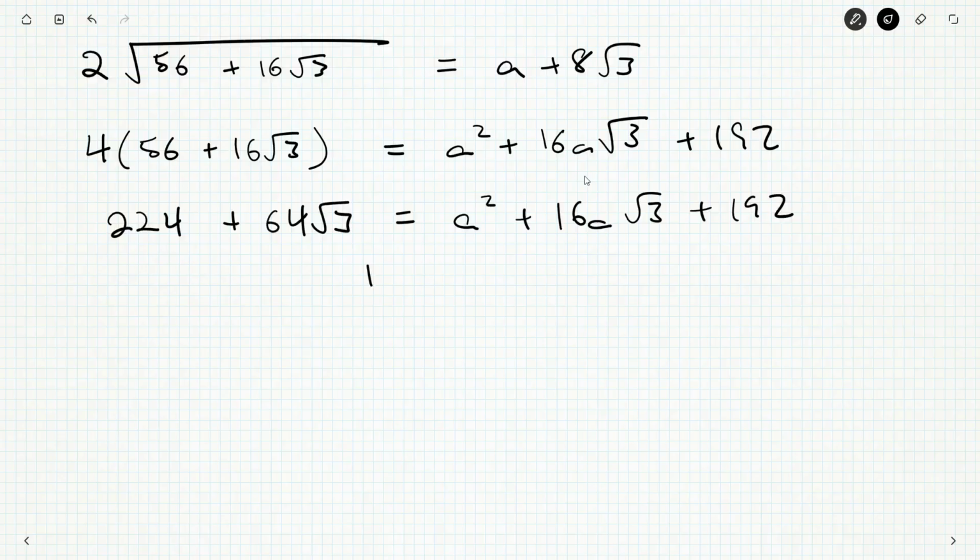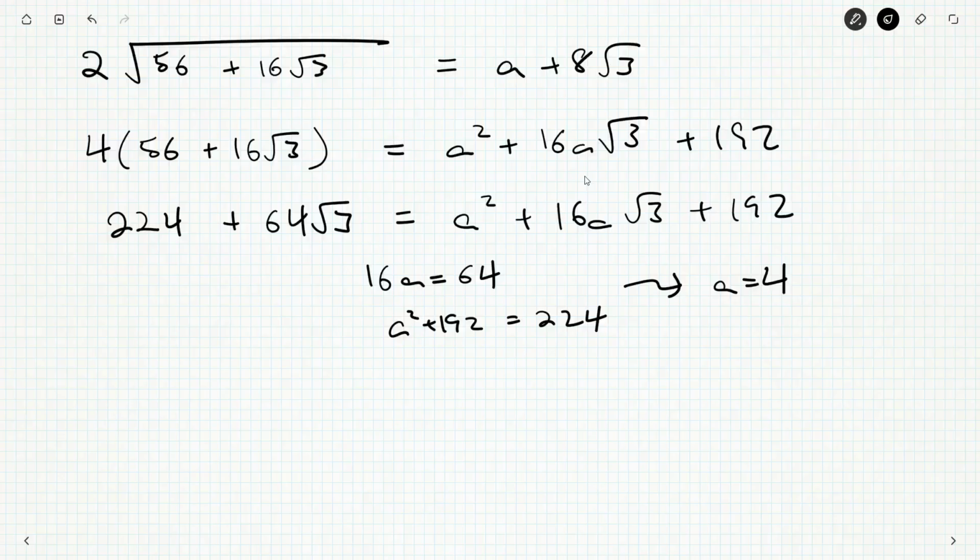I guess 16a has to be 64, and a squared plus 192 needs to be 224. So this would tell me that a is 4, and if I take a squared, that'd be 16. 192, and then 16, we get an 8, we get a 0, we get a 2. We don't get 224.